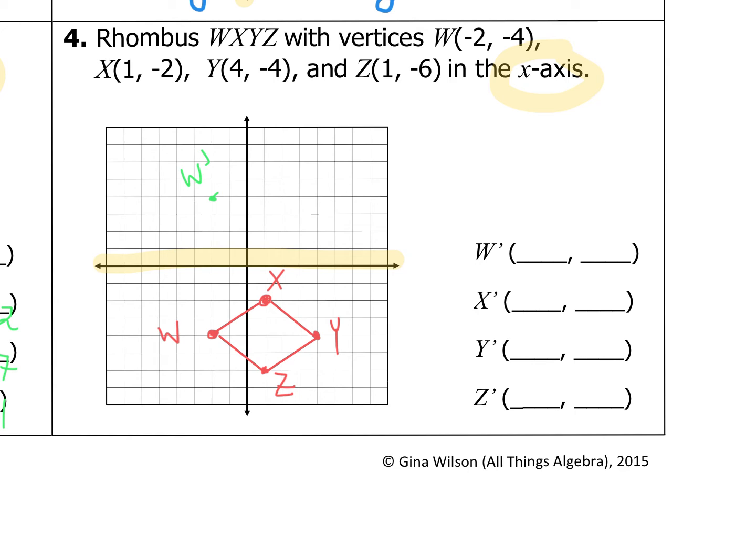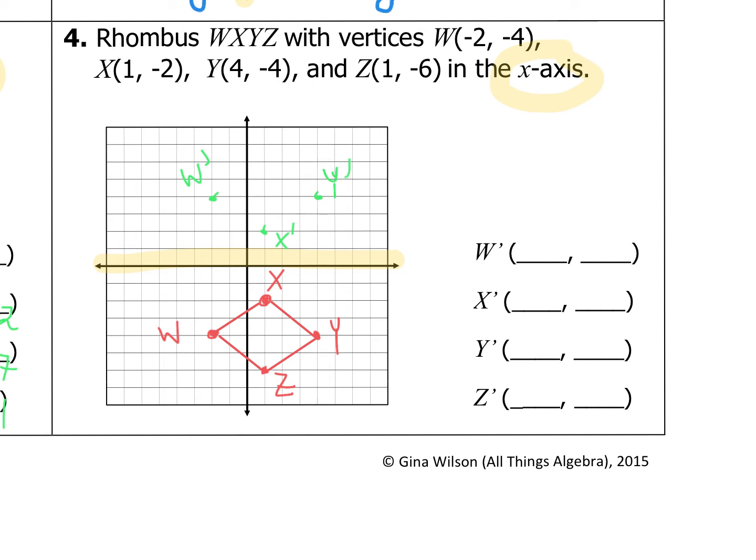And then for your X, 2 and then 2. So that gives you your X prime. And then for your Y, we're going to go 4, so go 4, plot that point. There's your Y prime.